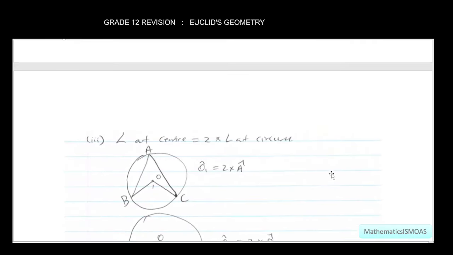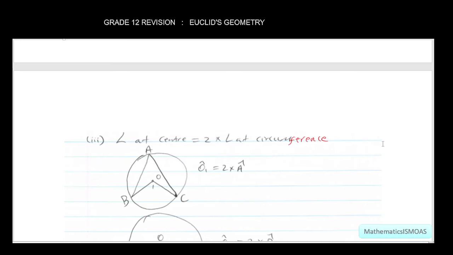And then number 3, we are having angle at the center is twice angle at the circumference. We have already defined what the circumference is. So now the theorem statement: angle at the center is twice angle at the circumference.